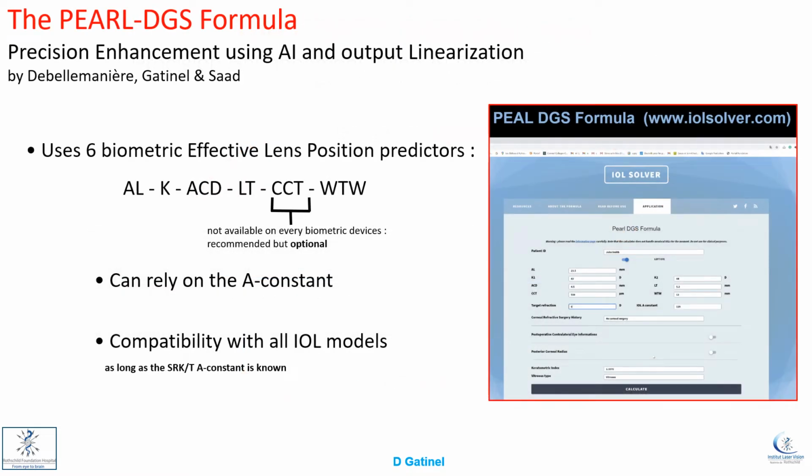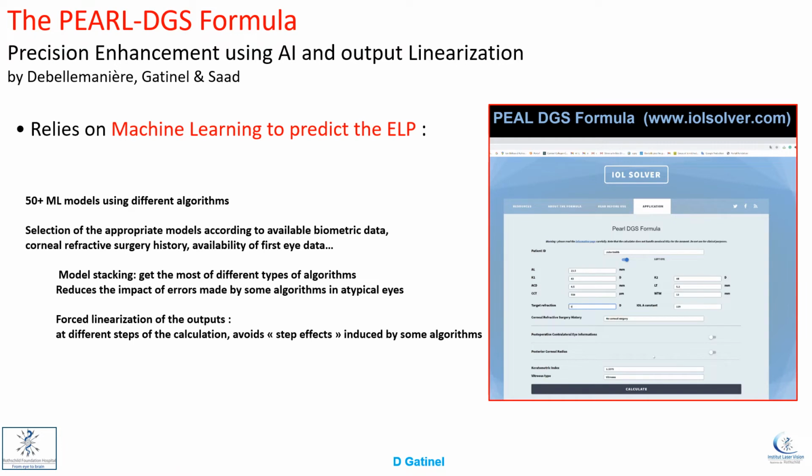Up to 6 predictive biometric parameters are used to predict the effective lens position, and the formula is compatible with all IOL models. And as we will see, it would work best if the design characteristics of the IOL are known. The ELP prediction itself is accomplished through the combination of several machine learning algorithms.